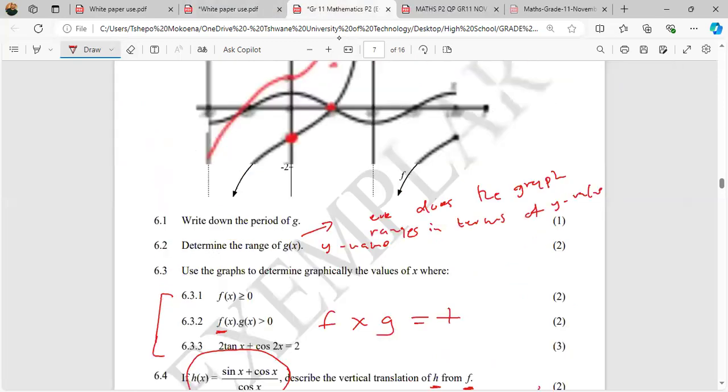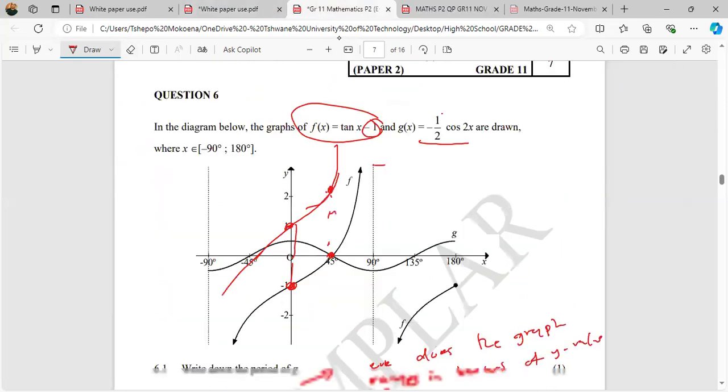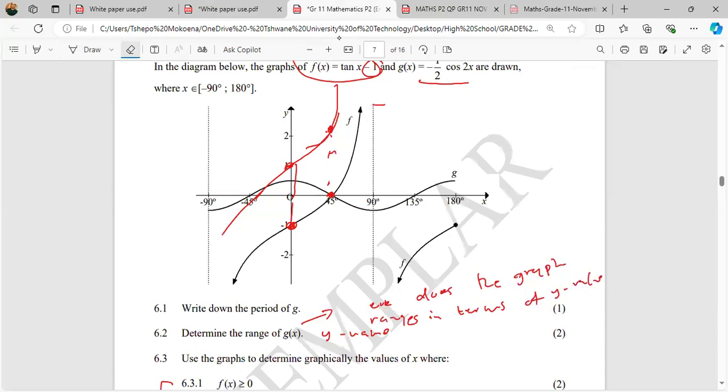Let's start. What's the maximum value of the graph of G? Simple. I said it before, if you remember. This is the minimum. The maximum is this one, by looking at the amplitude. It rises here. The maximum of G is going to be 1 over 2. The minimum of G is negative 1 over 2.